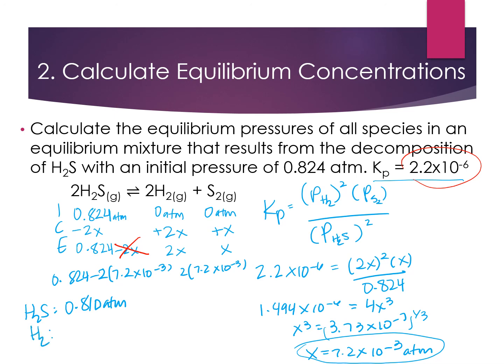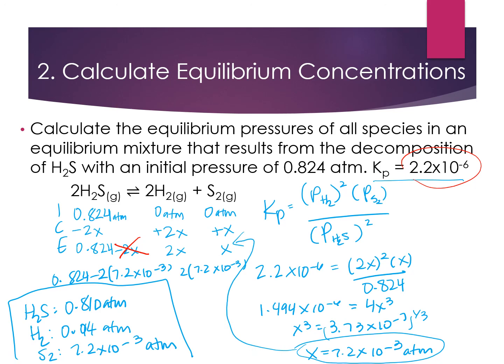H2 is 0.014 atmospheres, and S2 is just the 7.2 times 10 to the negative 3 atmospheres. So I just plugged in this x value up here into my equilibrium row.